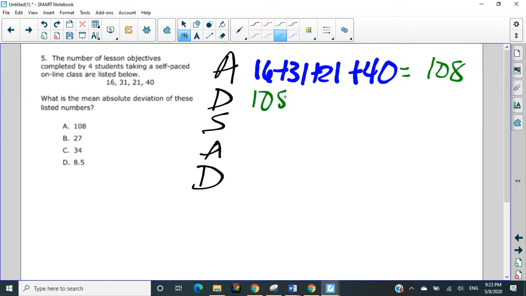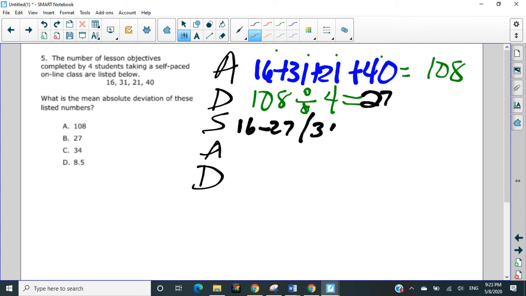Now 108 divided by 4 numbers, equal to 27. So now we're going to be subtracting 16 minus 27, 31 minus 27, 21 minus 27, and 40 minus 27.